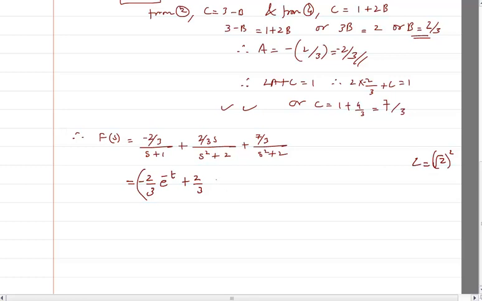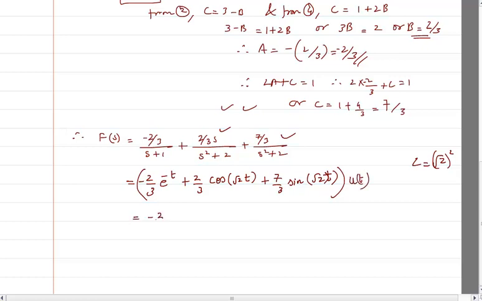So I will write it as, since it is s in the numerator, it will be cos. So cos root 2 t u of t, that I will write as common. Then 7 by 3 sine, why? Because there is no s in the numerator, sine root 2 t, and commonly I will write u of t.